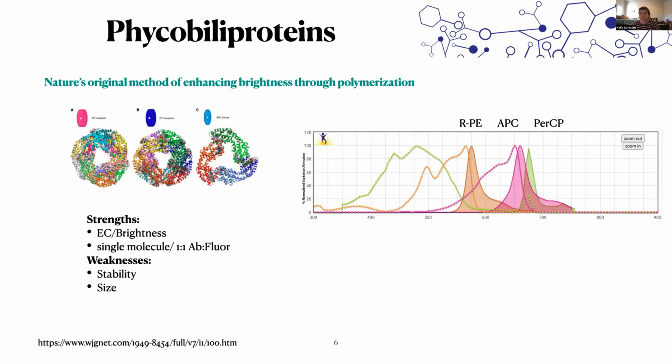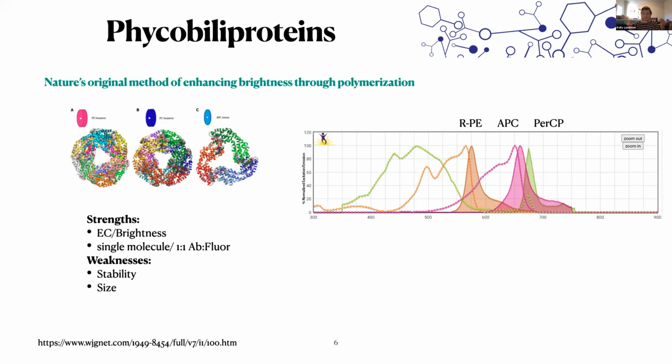But PE is a humongous molecule. It's 250 kilodaltons, and it's usually in a hexamer formation, so it has at least 4 leaflets attached that combine to make a whole molecule. Embedded within the phycoerythrin you're going to have around 10 phycobilins, and the phycobilins themselves are the fluorescent molecule of that entire structure.